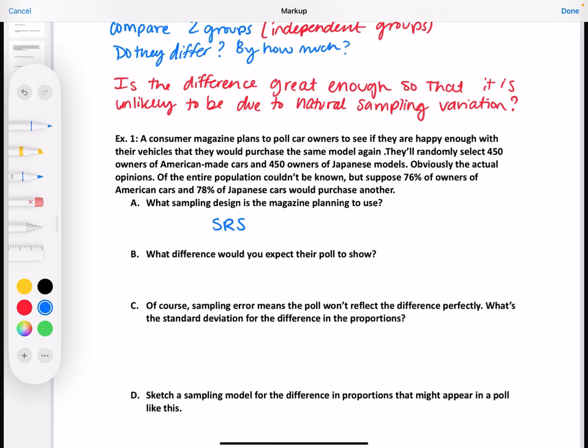What we called that? Stratified. Yep, stratified, simple random sample. So it's first stratified by country of origin of the car, then a simple random sample.